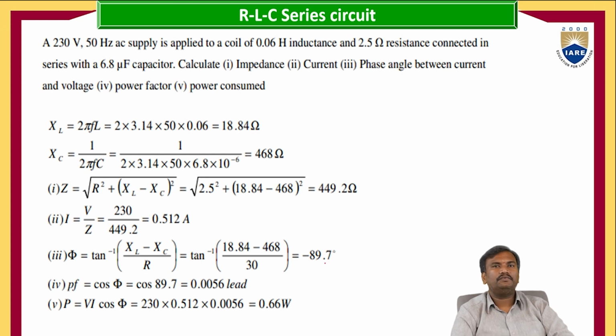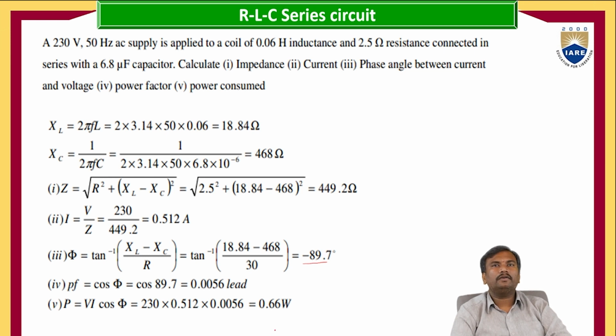This is the phase angle difference between the voltage and current. Here we got minus, which means the phi value is leading. Whenever the phi value is negative, the power factor will be in leading condition.